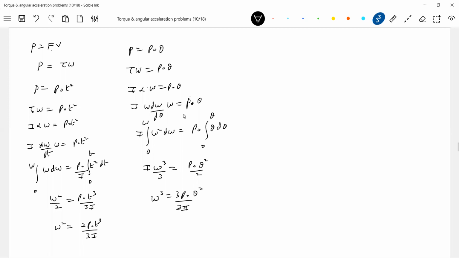Torque is I alpha. Based on the conditions, you can write omega d omega by d theta, or alpha is just d omega by dt. I'll highlight this so that it will flash for you. Getting the picture, no? So any of the math-based questions can be asked here.